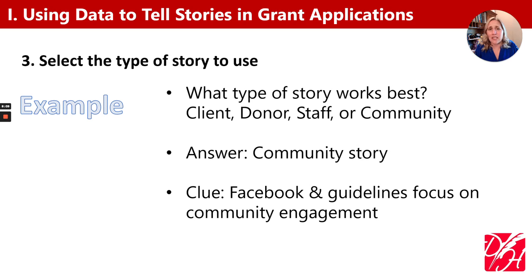The centering piece to this portion of the process is that the community impact is the biggest thing that our grantee, or I should say our grant maker, wants us to focus on. So within what we already have the capacity to complete, what is it that might be available that would help us talk about community stories? Impact we've already created that we could use as proof for our future proposed impact.